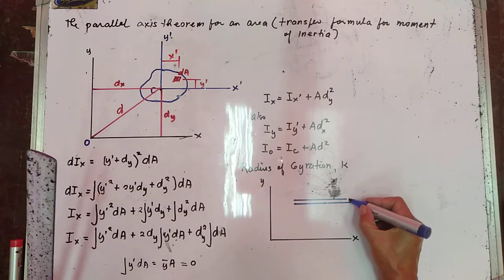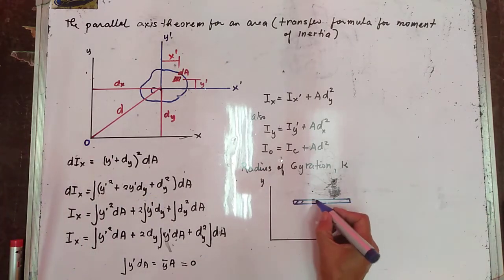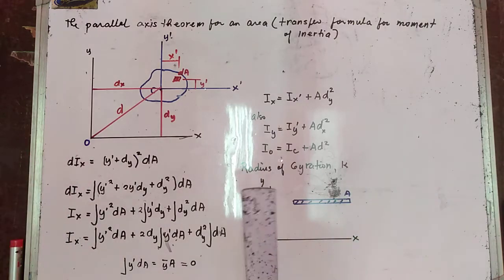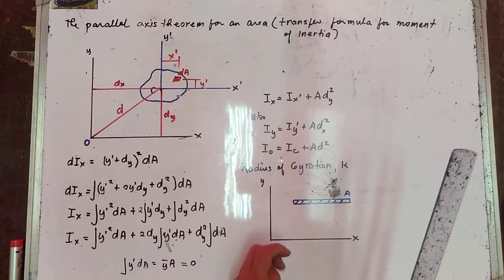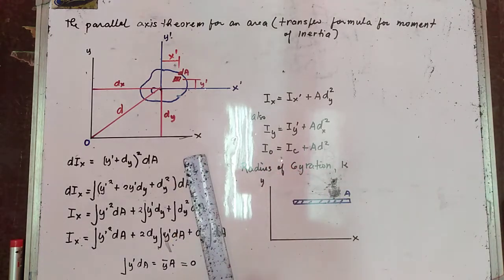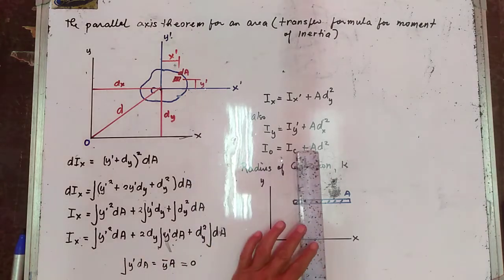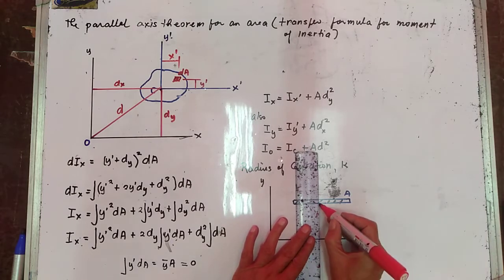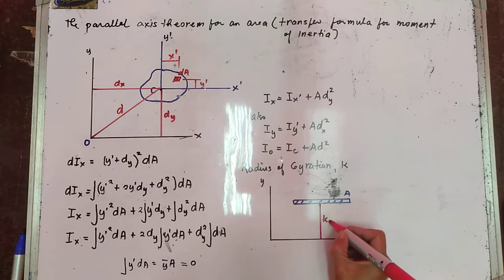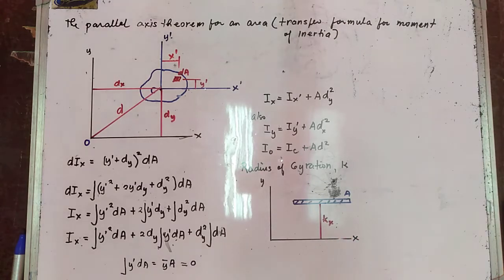So we now have the total area in here, A, so that the distance of this squeezed area from the x-axis is known as your kx. So this is the radius of gyration with respect to the x-axis.